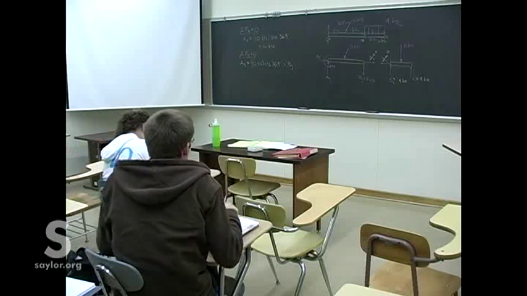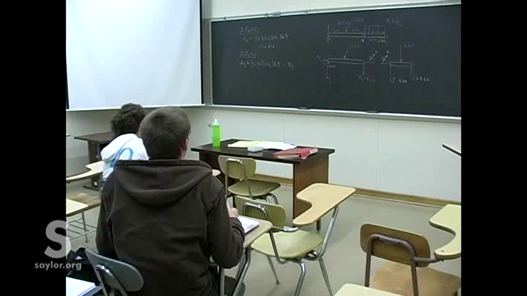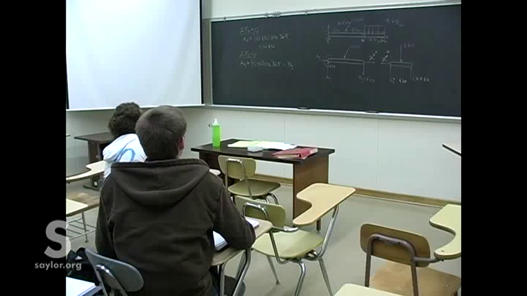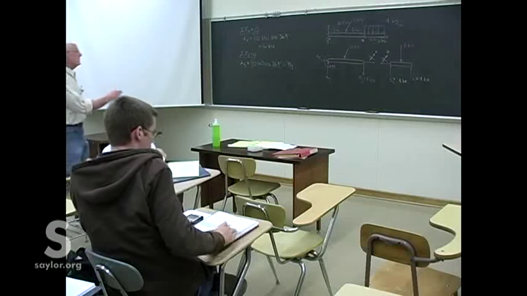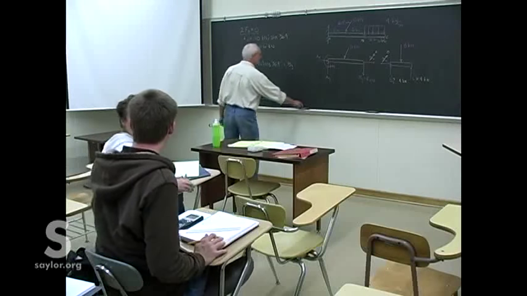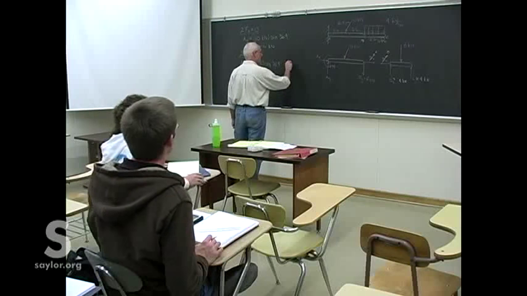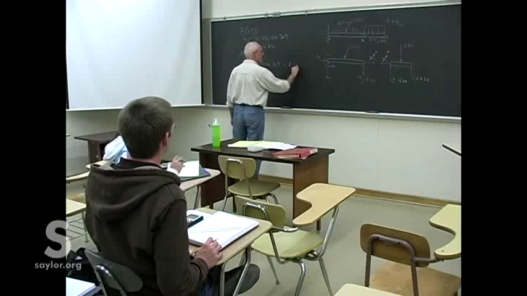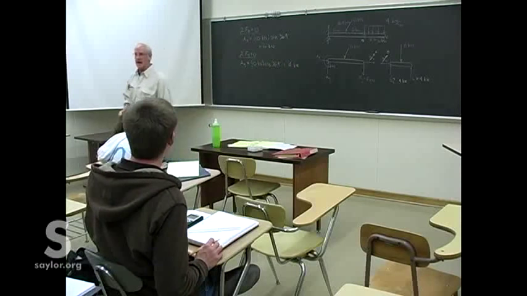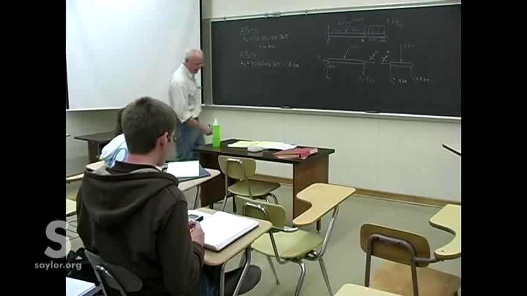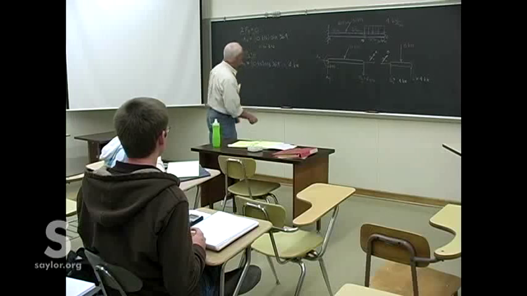Two unknowns. Don't we know BY? I'm sorry, we do know BY. All right, so we can get AY. What do you get on that one then? 12 kilonewtons.